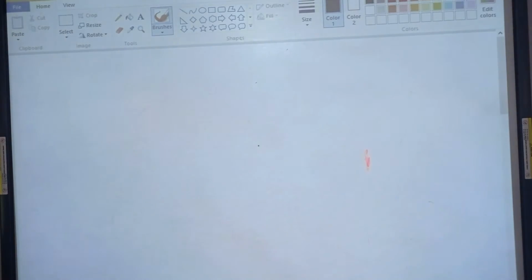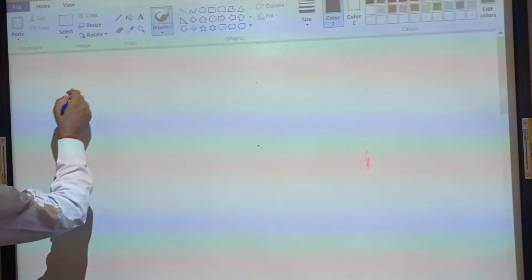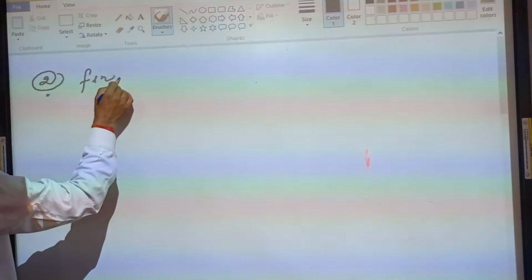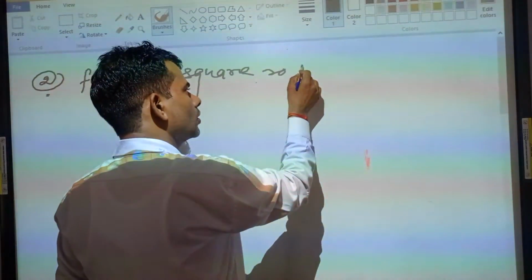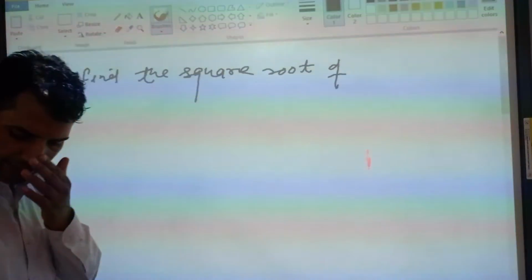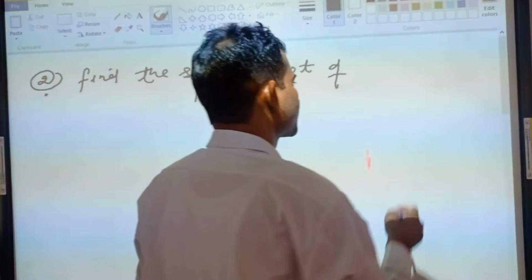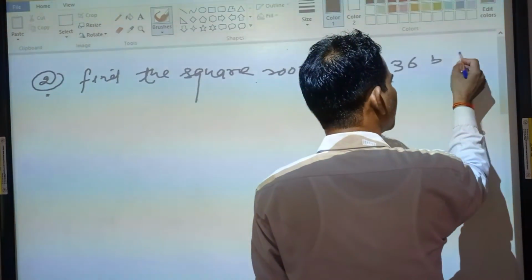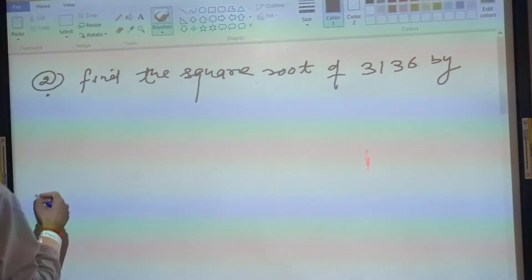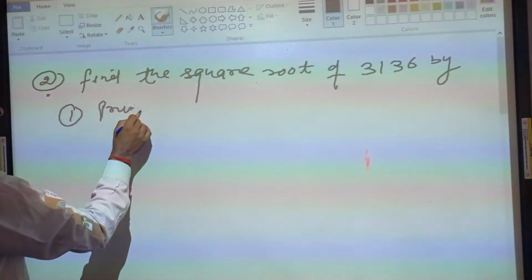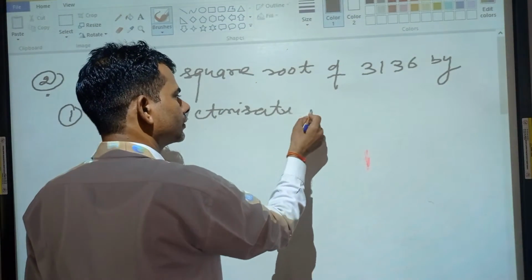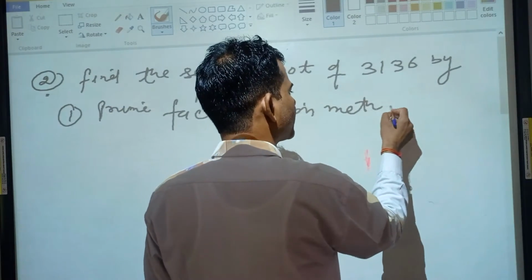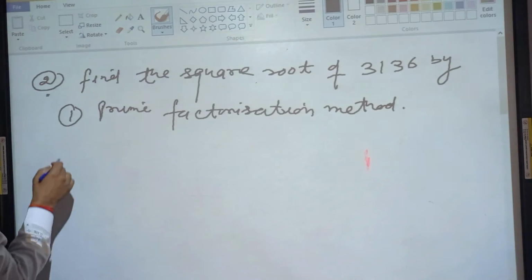Find the square root of 3136, first by the prime factorization method and second by the long division method.